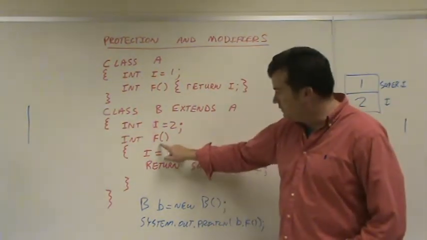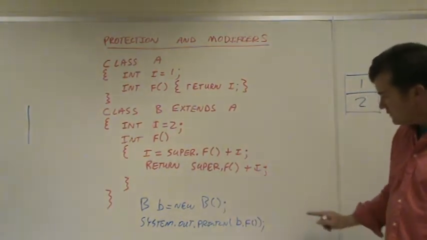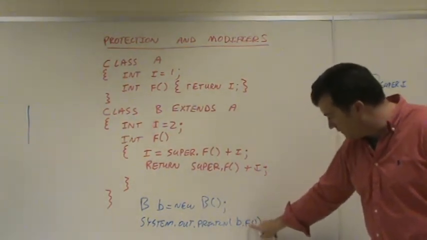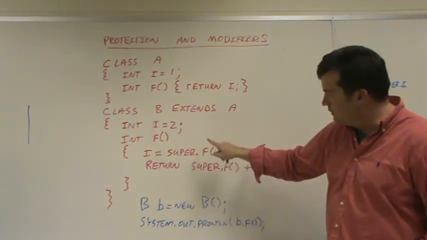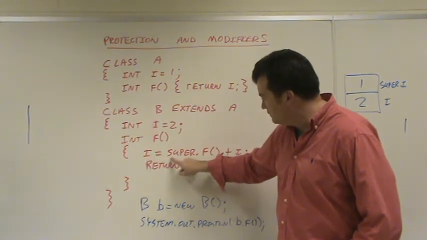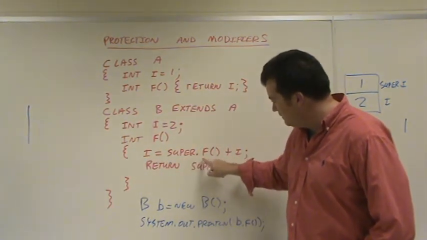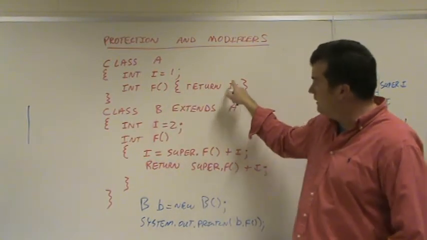Now we have a function called F. We also inherited a function called F, but it happens to have the same name. So when somebody calls on object B the function F, it's this one that gets called. What does this thing do? It takes our own value of I and sets it to super. We call super F's. Super F's returns a 1.